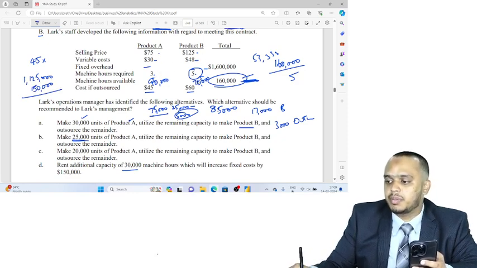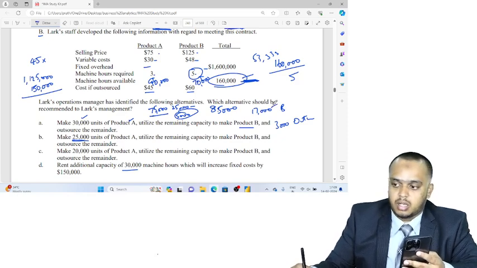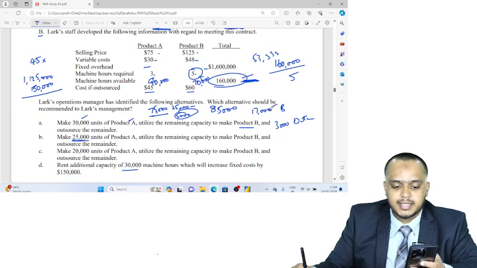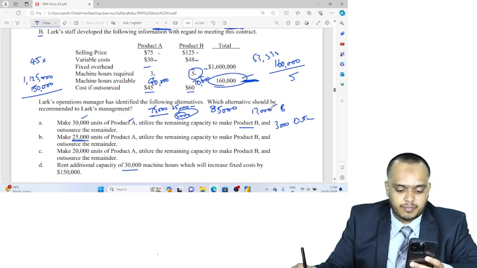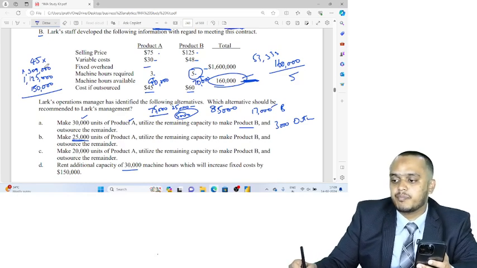Now with product B, what is happening? 17,000 units I am producing. 125 minus 48, 77 is my contribution. I'll multiply that with 17,000 units. That equals 1,309,000. This is my calculation here.